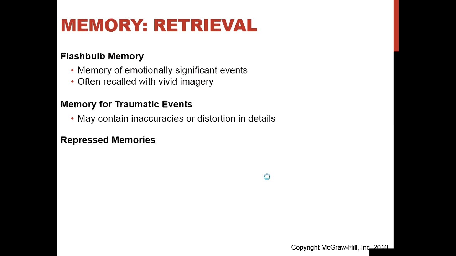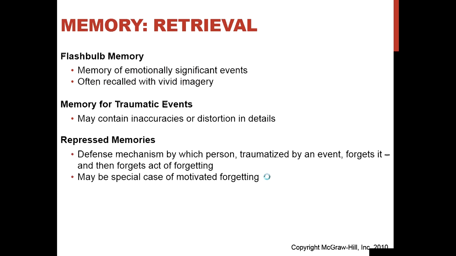And that's why, with regards to eyewitness testimony, it's not always the most accurate, because again, memories can get distorted. Maybe we think, hey, yeah, the person was really tall, and then somebody else is like, no, they weren't that tall. They were actually kind of short. So those kind of inaccuracies or distortions are very much laden within the retrieval of memory for traumatic events.